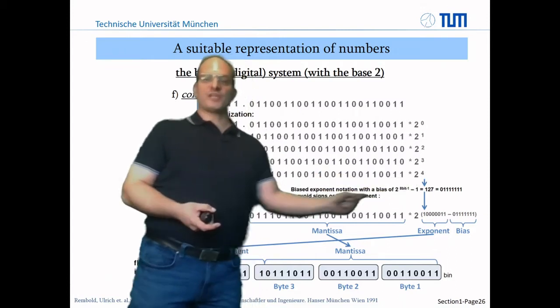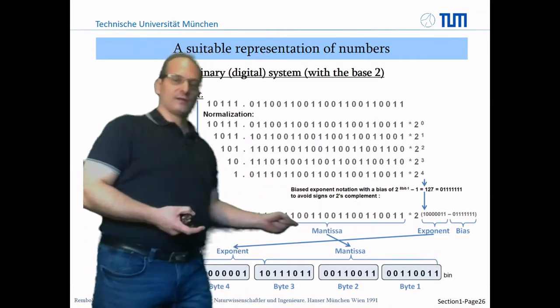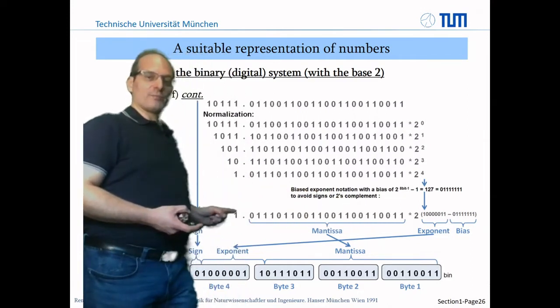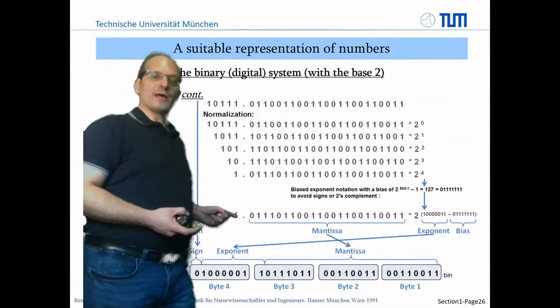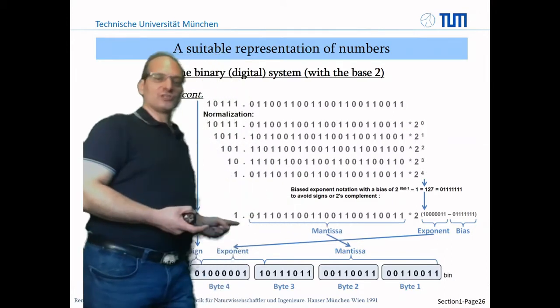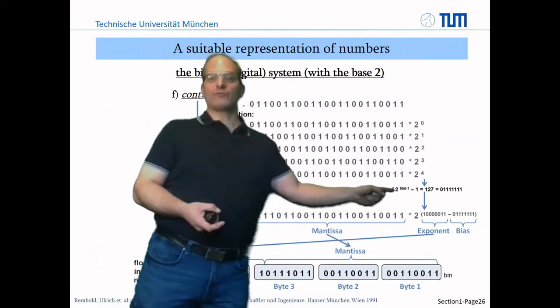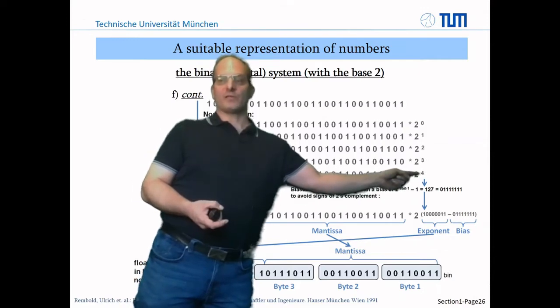And then we just use this, because we don't have to think about this 1, because all numbers will have the 1 here. So we use this, which is called the Mantissa. And then we have to remember this exponent.